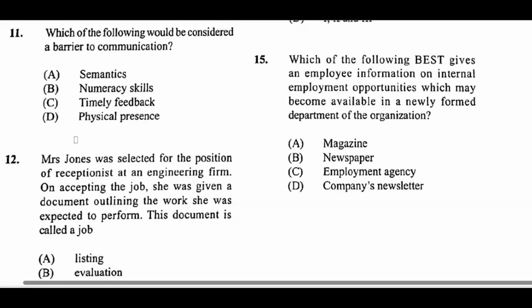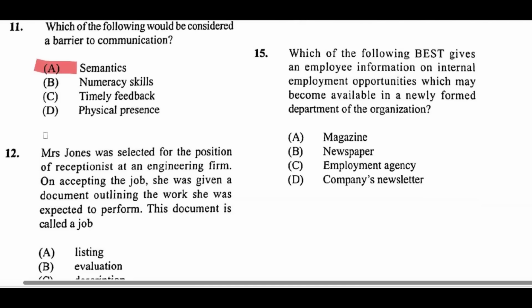The best answer here would be semantics. We have words that are spelled the same, may sound the same, but have different meanings. What about if you use a word in a sentence and it projects a different meaning to what you're trying to say? So in this case, the keyword is barrier, and the best answer here will be A, semantics.